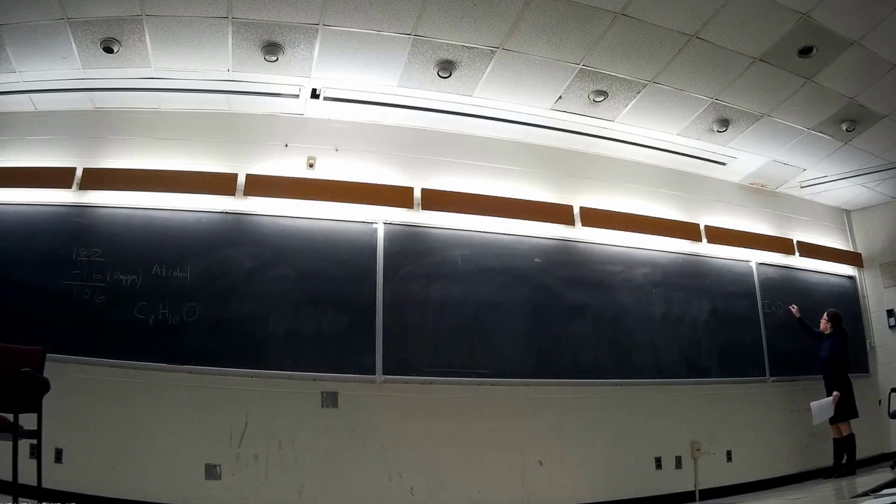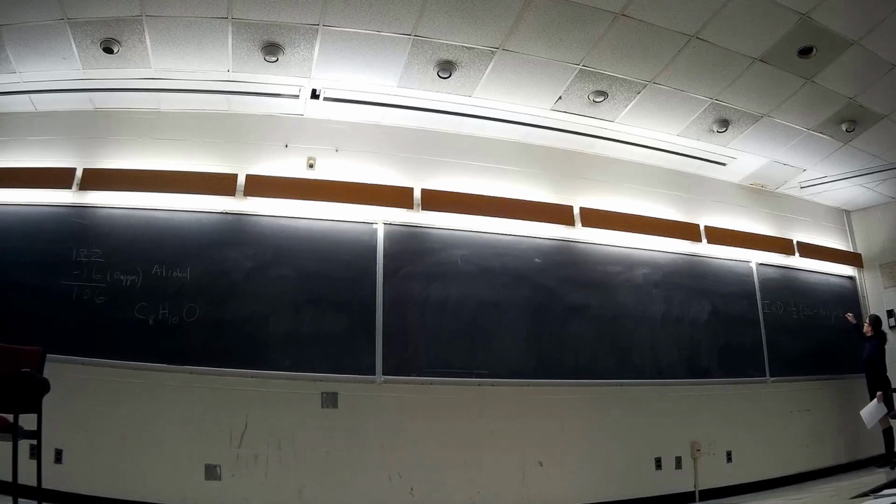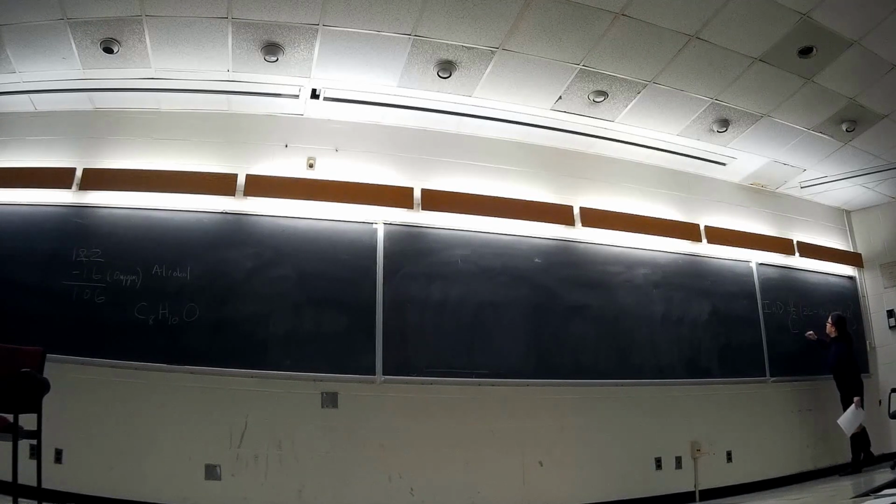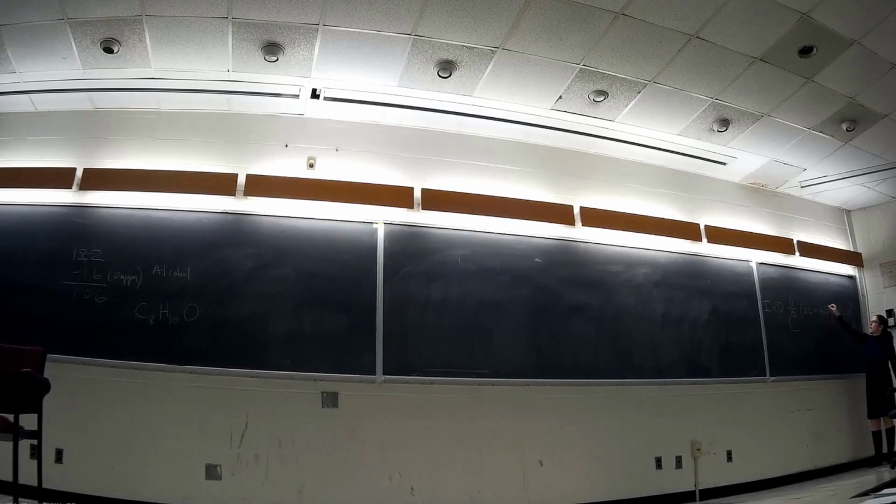So this equals one half of: 2 times the number of carbons, minus the number of hydrogens plus halogens, plus the number of nitrogens, plus 2. So this is my formula. And I take one half of all of that.